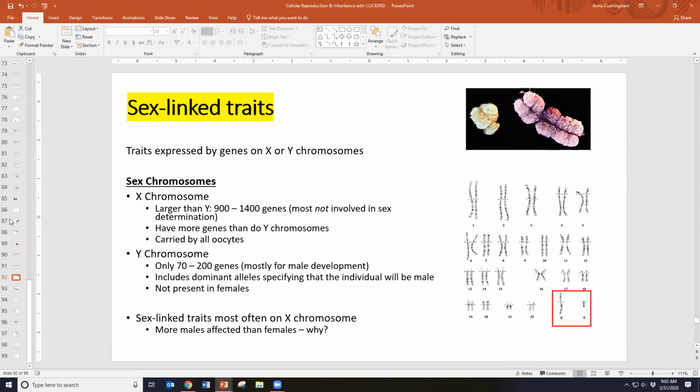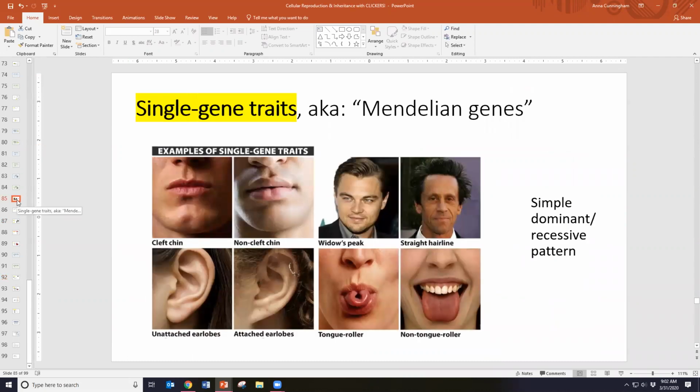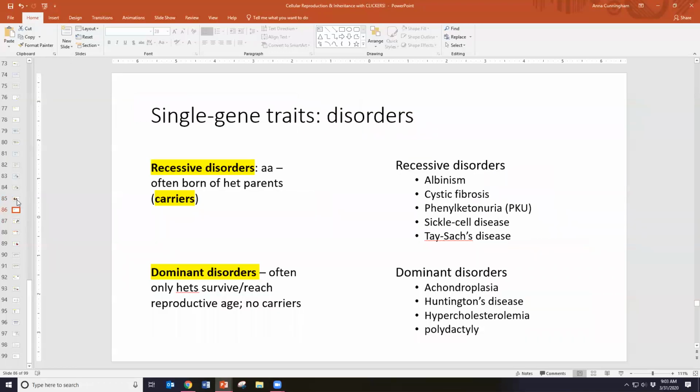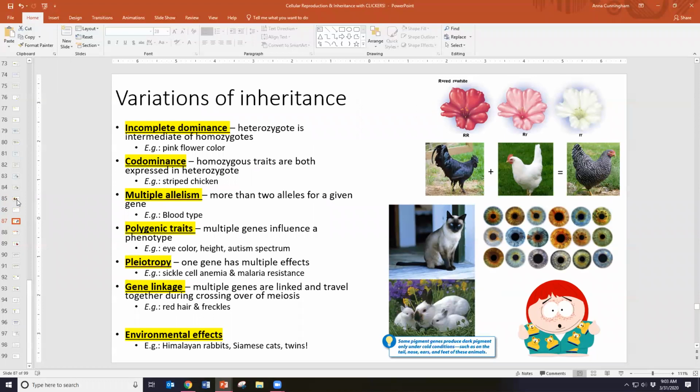Primarily, we've been talking about single gene traits, or traits that are inherited in a Mendelian fashion, meaning that there are basically two alleles for every trait, dominant and recessive. And then the combination of how those are inherited determines the trait that is expressed. We talked about that.